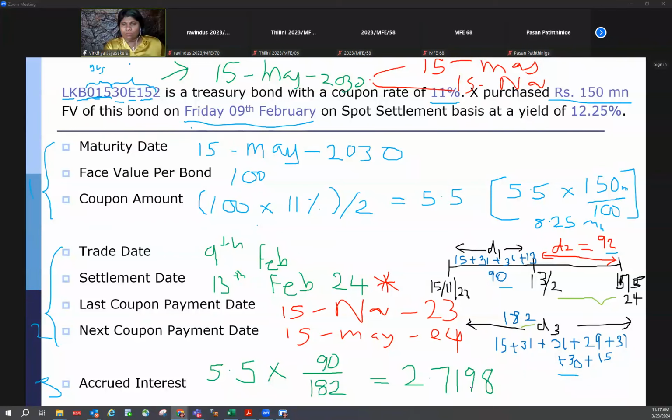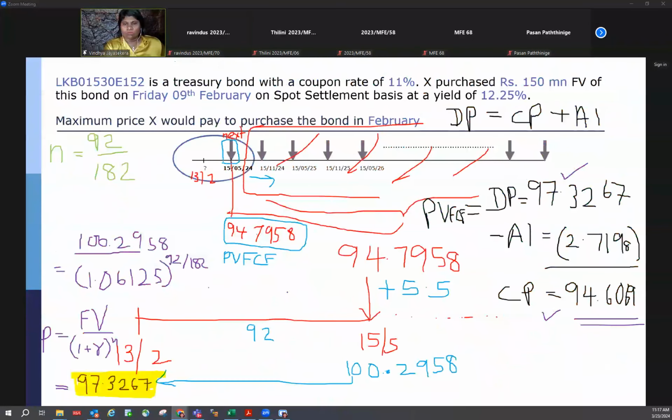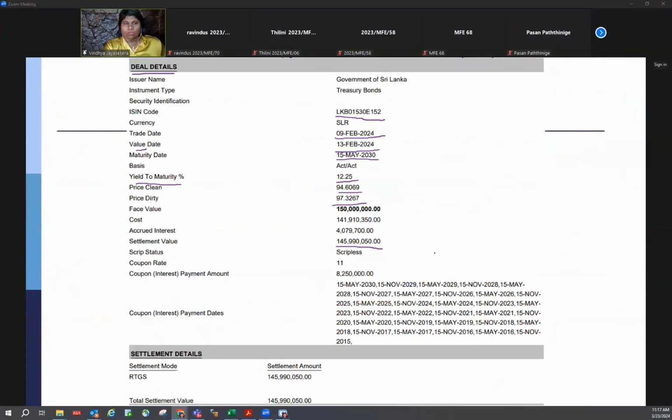Accrued interest 2.7198. We didn't do the full thing. So accrued interest is 2.7198. You can calculate whether you get, divided by 100 into 150 million, a settlement accrued interest of 4.079.